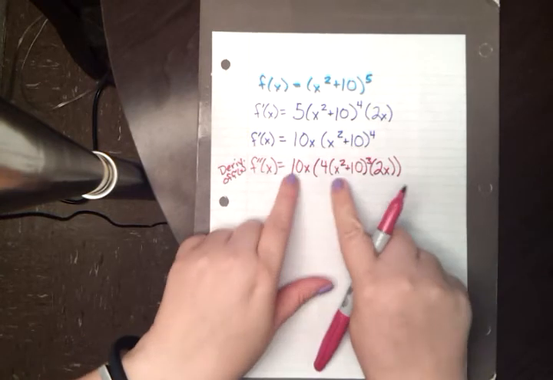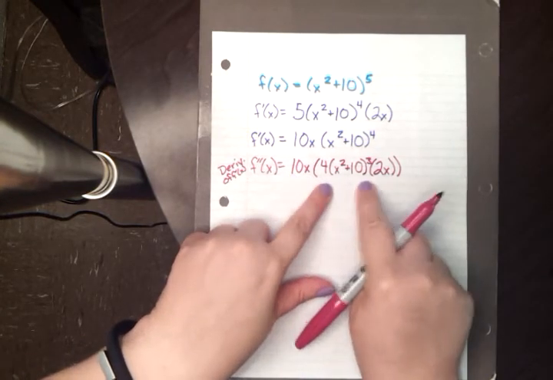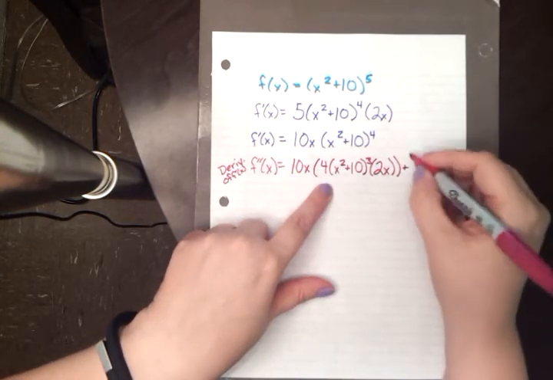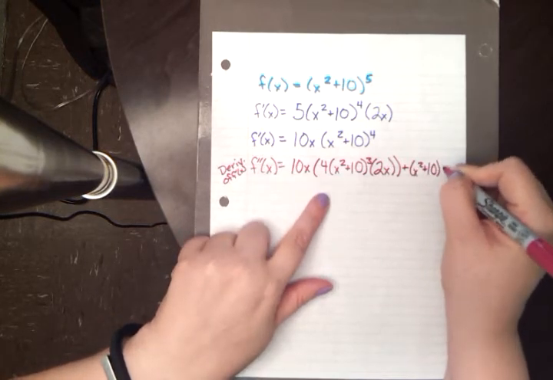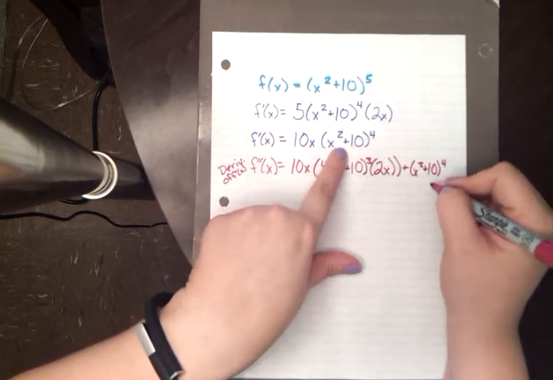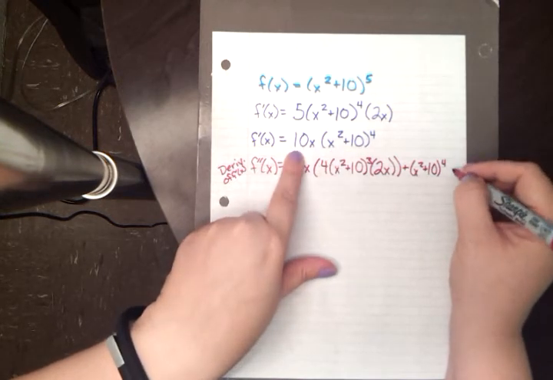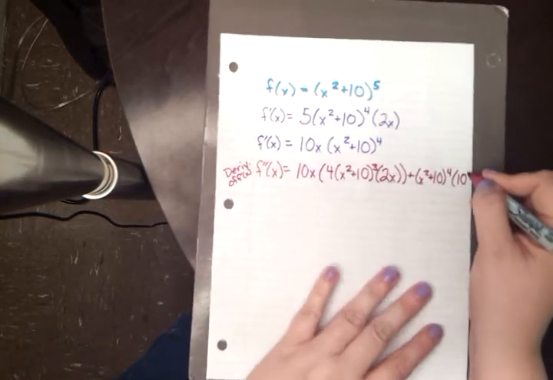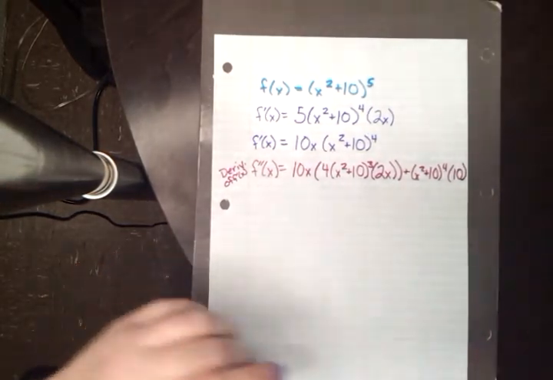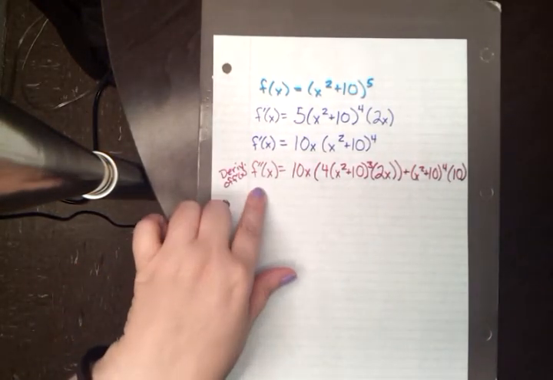So this is first times the derivative of the second, plus the second, that's x squared plus 10 to the fourth, times the derivative of the first. Well, what's the derivative of 10x? That's 10. So that gives us f double prime of x.